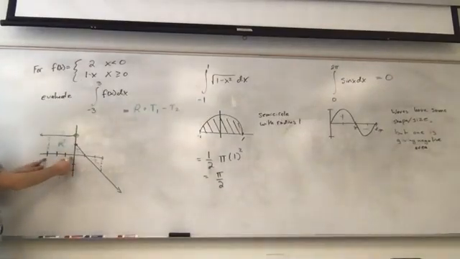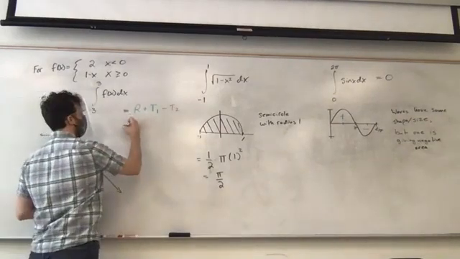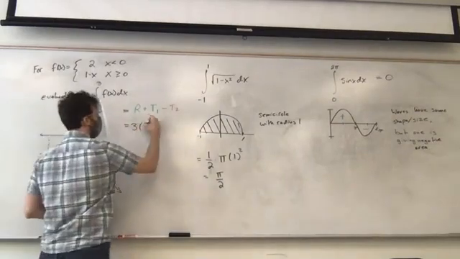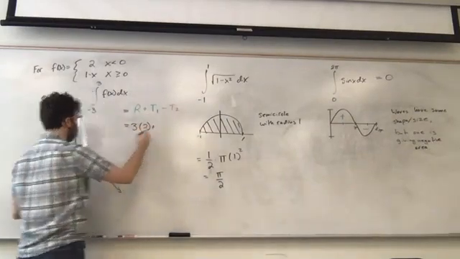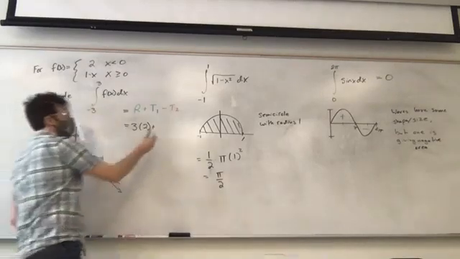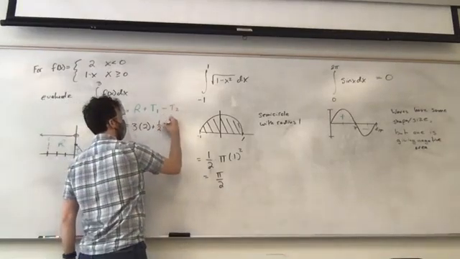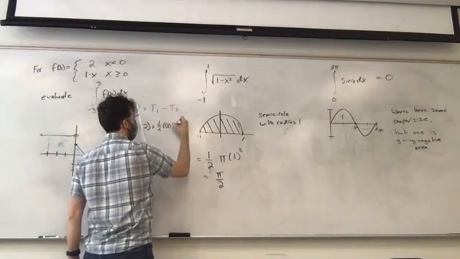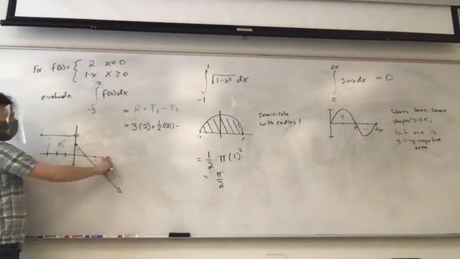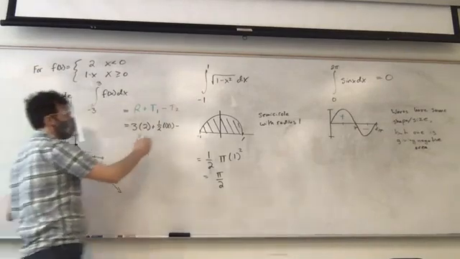Rectangle base is going out to -3, so this length is 3. And our height is up at 2. First triangle, the base and height are both 1. So that's 1/2 times 1 times 1. And then our second triangle, the base and height are both 2 this time.